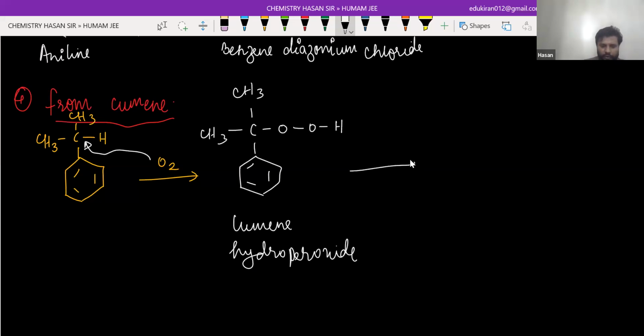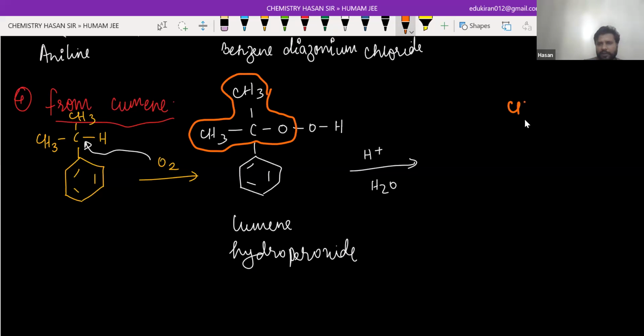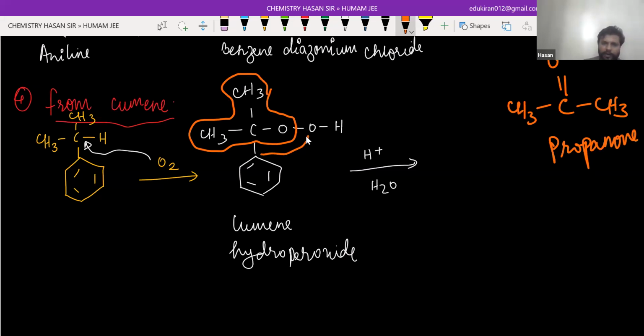After this, you are going to do hydrolysis, in the presence of water. So you know what will happen. This whole group will be eliminated. So it is basically CH3, CH3, C double bond O, since carbon makes four total bonds. That means you will get propanone. And this OH will be directly connected to this carbon, so you will get phenol.